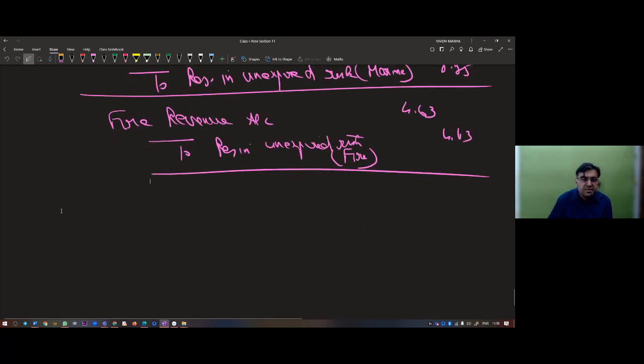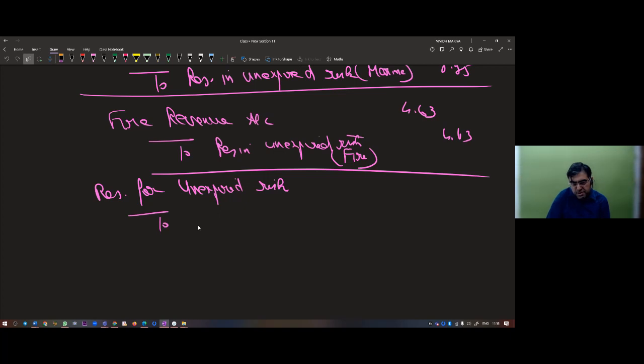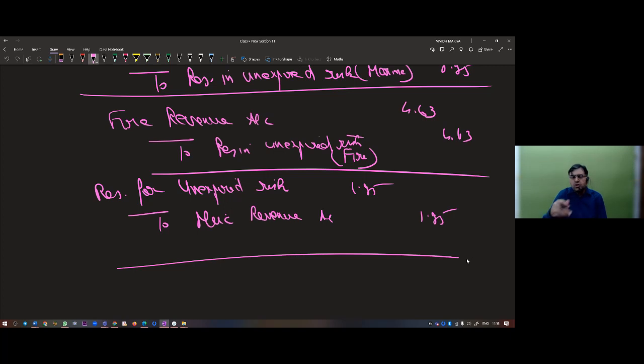Reserve for unexpired risk to miscellaneous revenue account, in lakhs or crores, whatever.